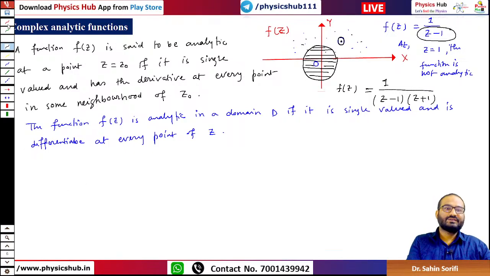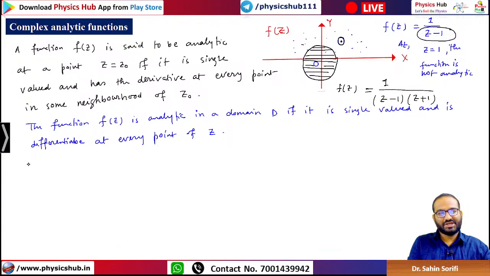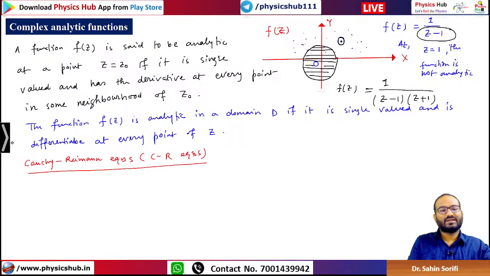Now, related to this, there is a check. The check is done by the Cauchy-Riemann equations. Mathematically, you check it by the CR equations or Cauchy-Riemann equations. So, there are two equations for this.